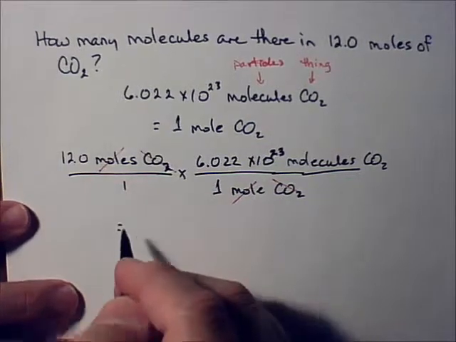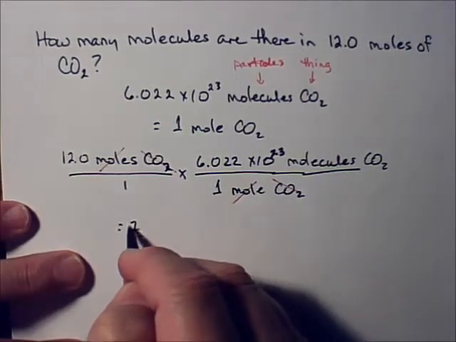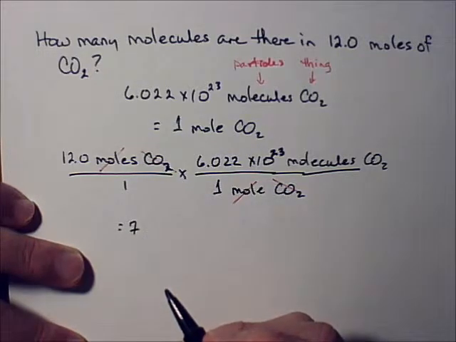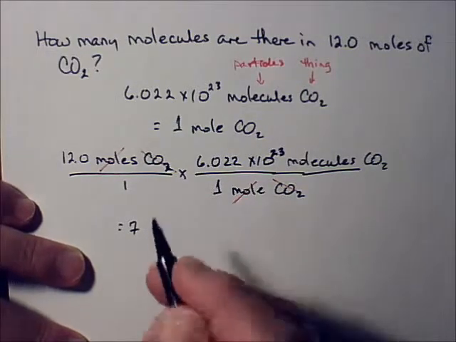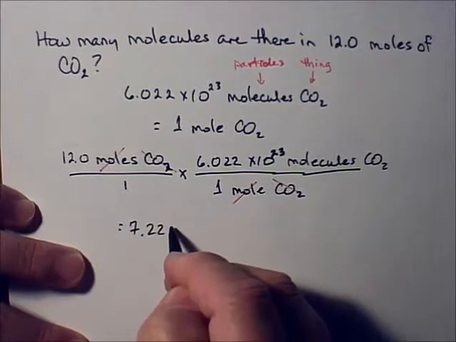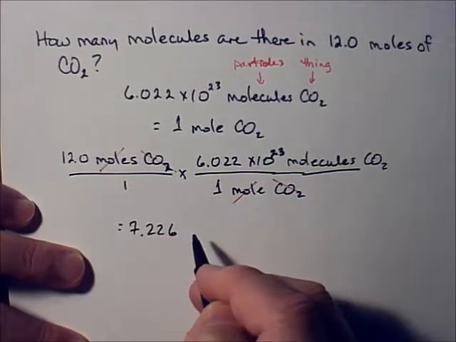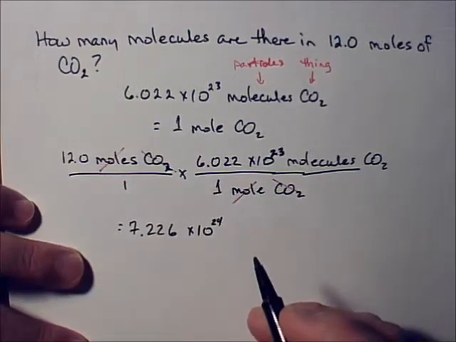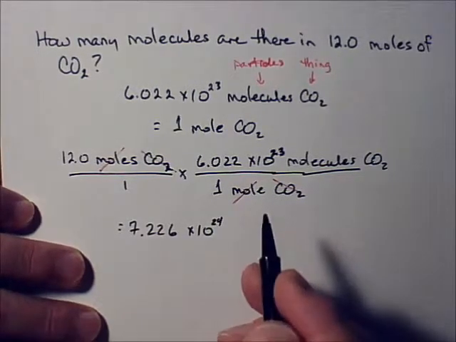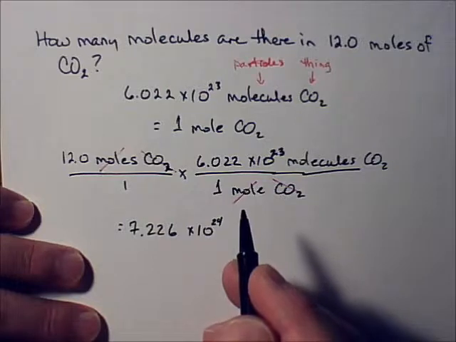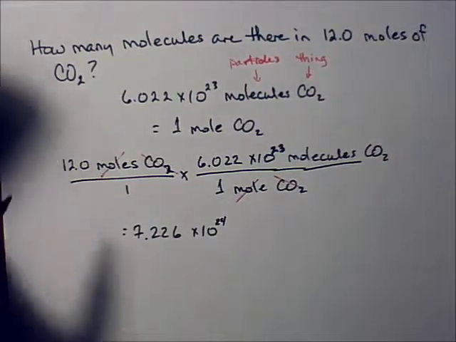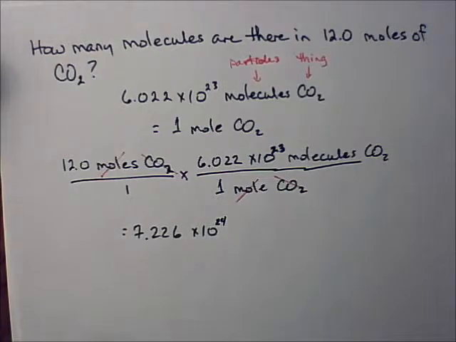All right, what you got? What'd you get? 7.226. You didn't get more digits than that? I got 72.22.